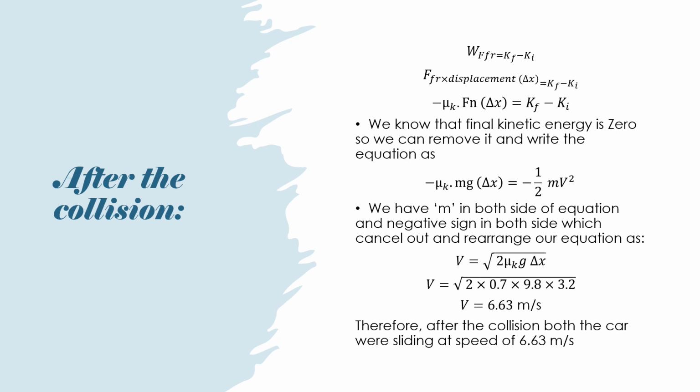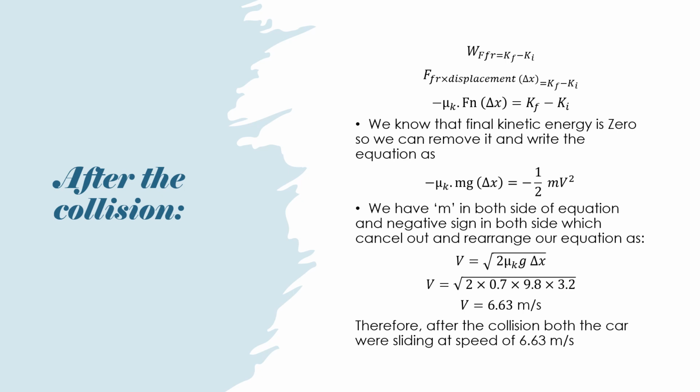Frictional force can also be broken down as minus mu k times normal force times displacement, and that will be equal to the change in kinetic energy. We know that the kinetic energy at the final point when the car stopped was 0, so we can remove this from the equation and we're left with minus half m v squared.